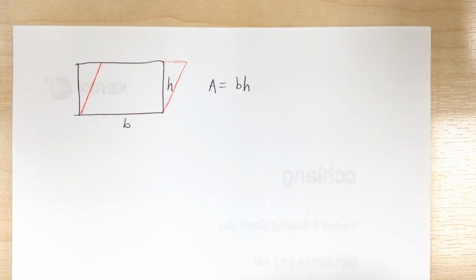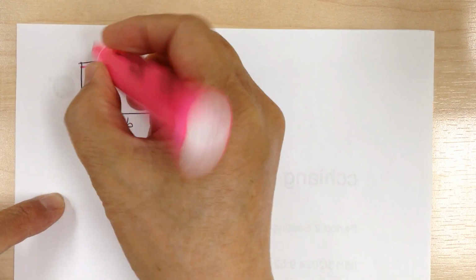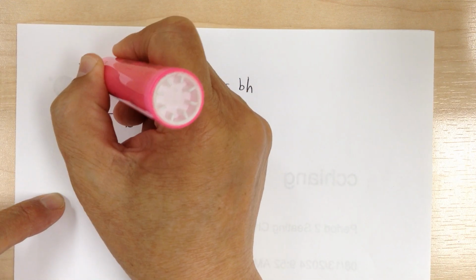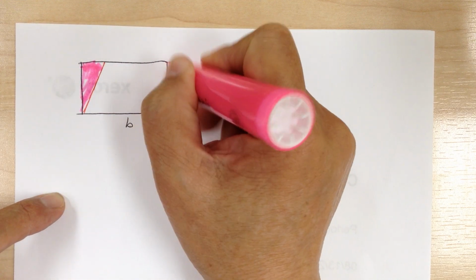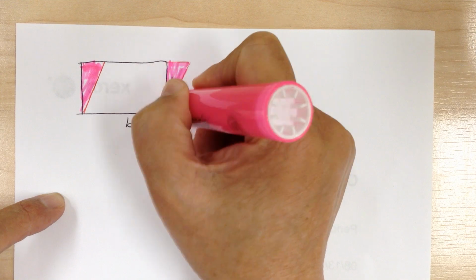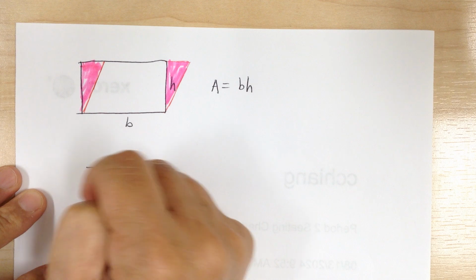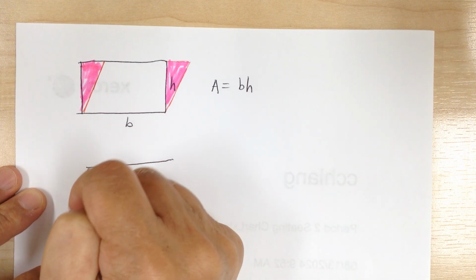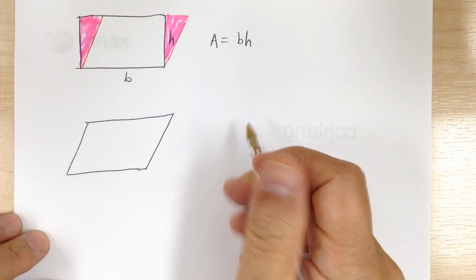So notice if I cut off this triangle and slide it over here, what I end up with is this shape, and this is a parallelogram.